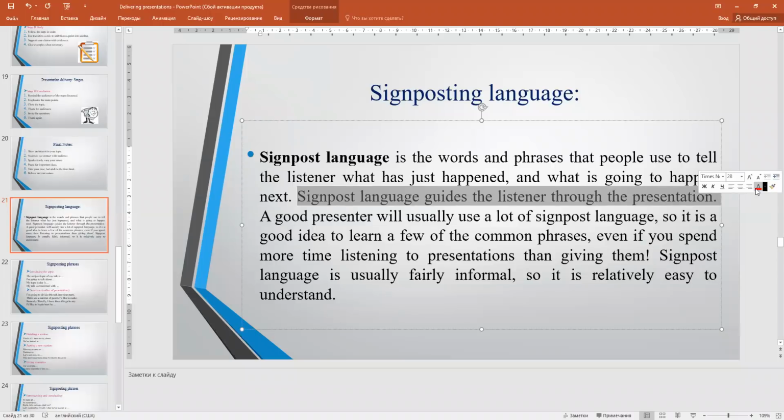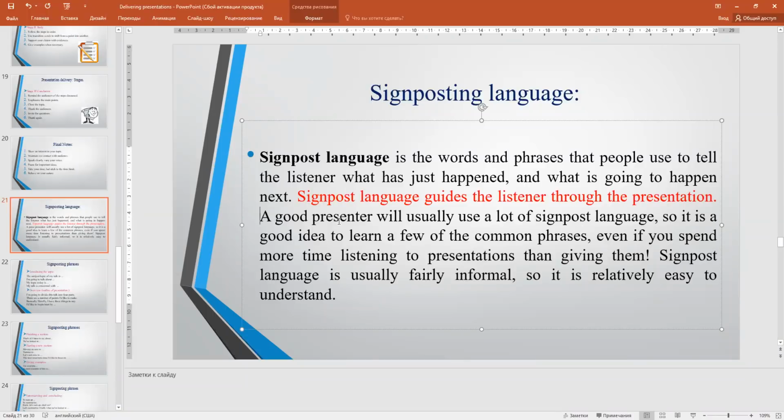For example, you say, I'm going to present, first of all, the cost of this product, and then I will put stress on the production process. After that, as you can see here, I'm using first of all, and then, and after that, such kinds of signposting language. And a good presenter will usually use a lot of signpost language.